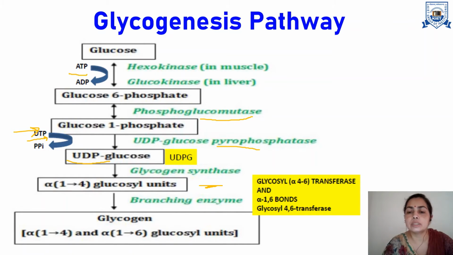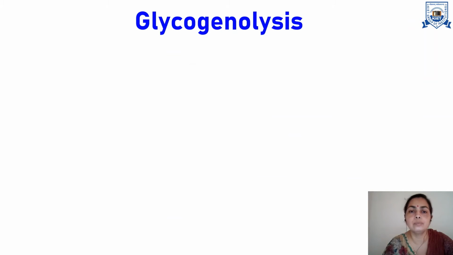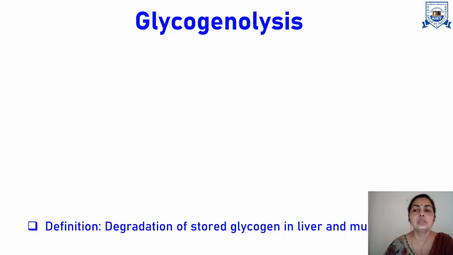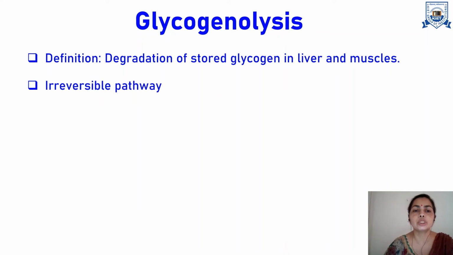Then we will see the next pathway involved in glycogen metabolism, that is glycogenolysis. Glycogenolysis is going to be the opposite of glycogenesis. Here there is going to be degradation of glycogen so that glucose molecules will be formed. In this process, first of all, there will be degradation of stored glycogen which is there in liver and in muscles.